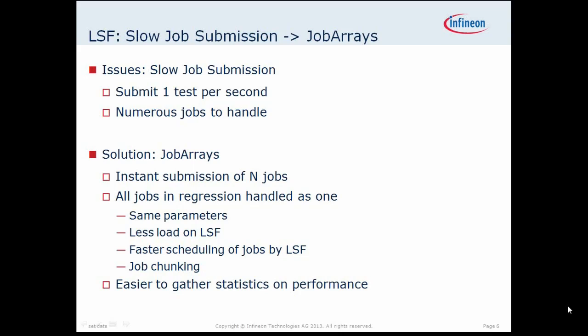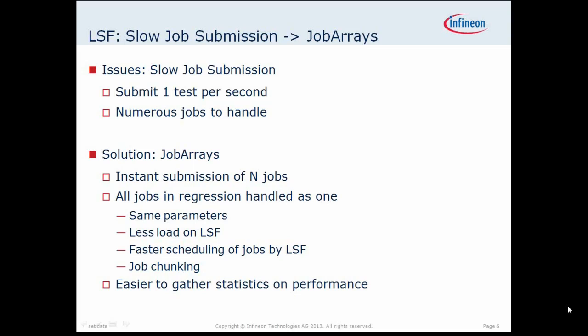So we moved to, there's a concept within most load sharing tools which allows you to submit job arrays. And so this is what we did. We used job arrays, and what this allowed was instant submission of however many tests you are trying to run. Whether you're submitting 10 tests or 10,000 tests or 20,000 tests, it takes the same amount of time, a couple of seconds.